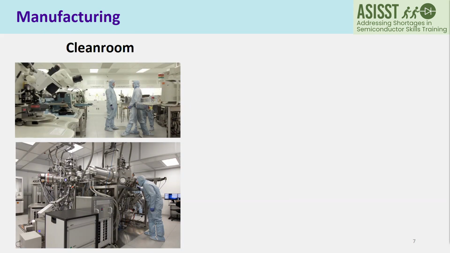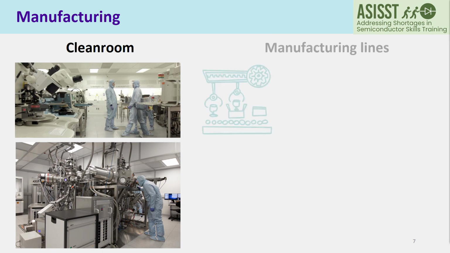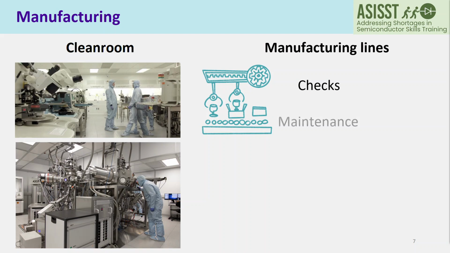These demands are placed not only on the manufacturing areas, called clean rooms for obvious reasons, but also on all raw materials deposited on the wafers and the machine parts that come into contact with the wafers during the manufacturing. The manufacturing lines have constant checks and scheduled maintenance to minimize costly downtimes.